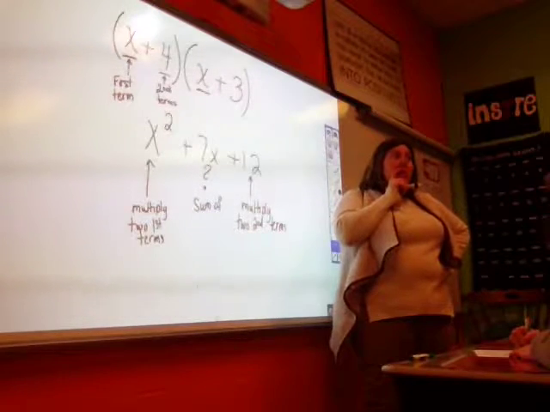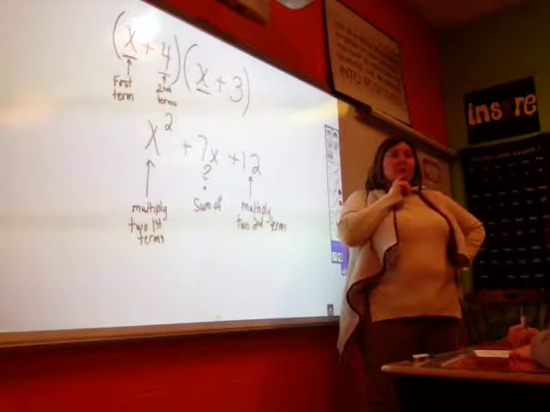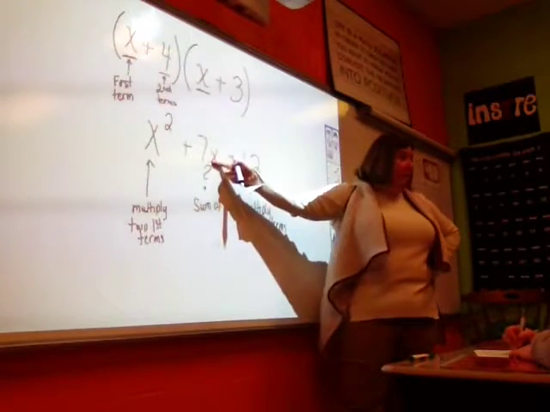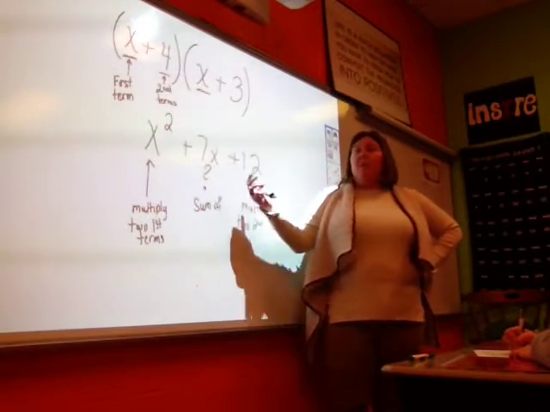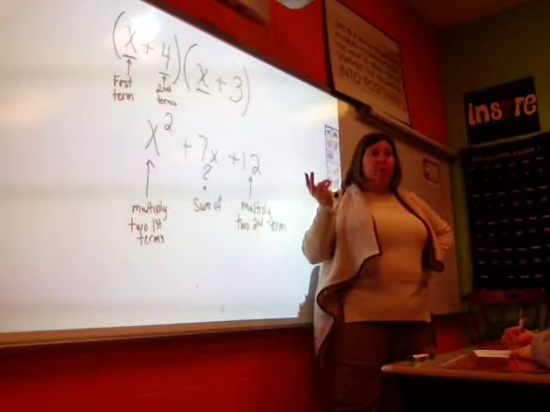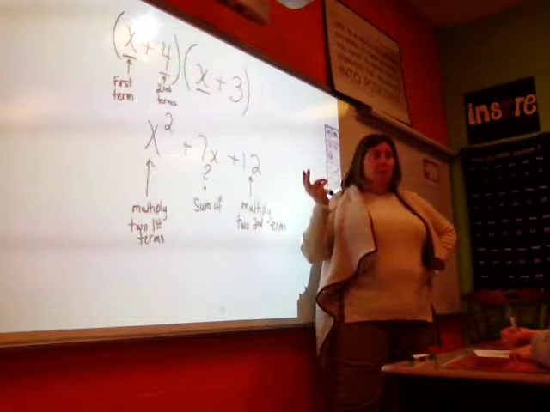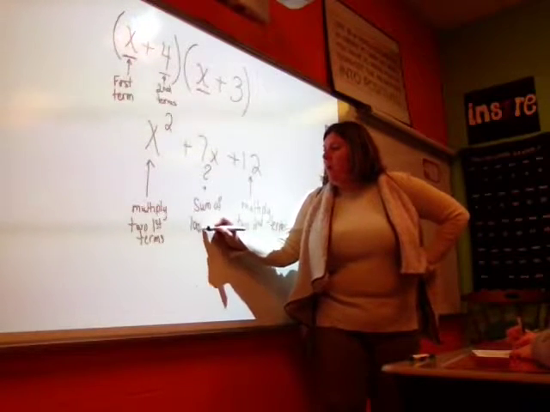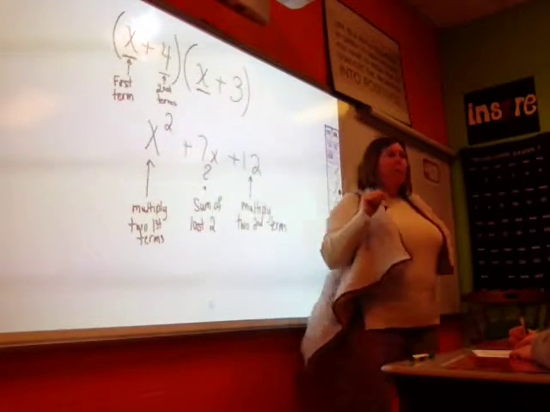The last two terms. Now, mind you, we've multiplied them by x, so that's where the x comes in. But do we agree that the 7 is the sum of the last two terms? Everybody agree with that? So the sum of the last two.